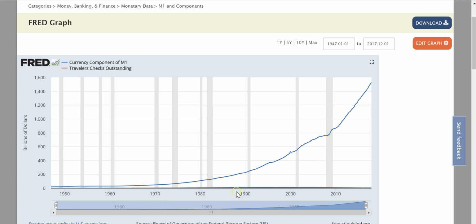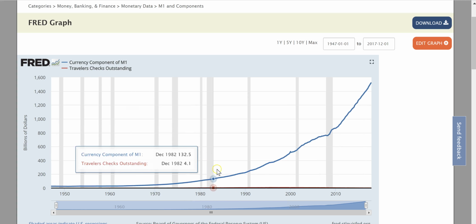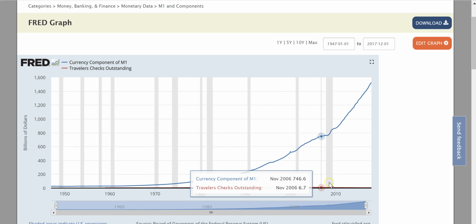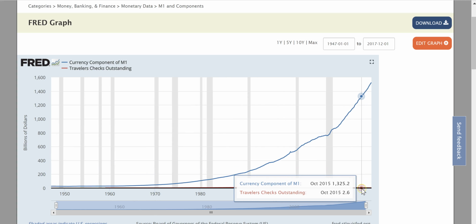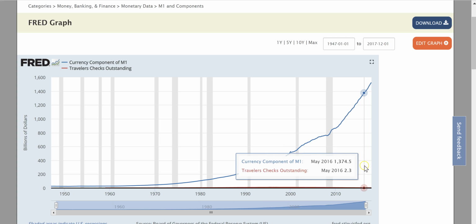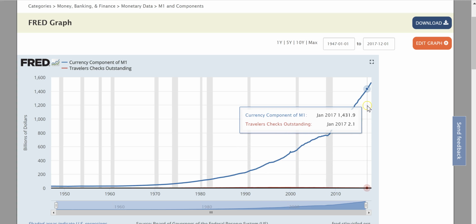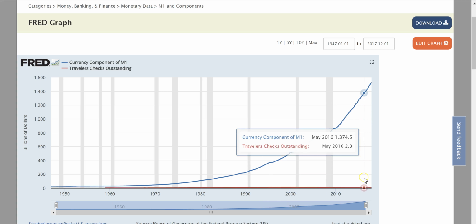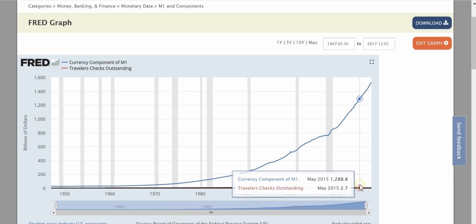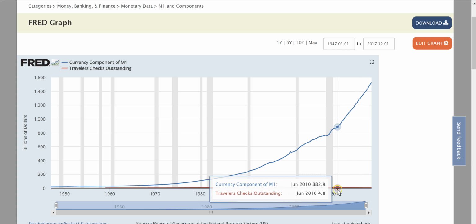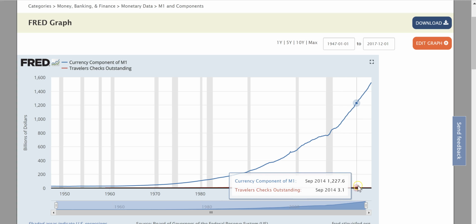The red curve, which is traveler's checks, is showing, but because the amount of traveler's checks is so much smaller than the currency component of M1, graphically it's not so obvious.